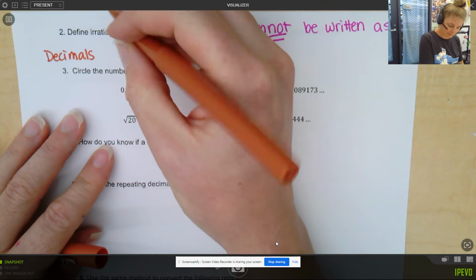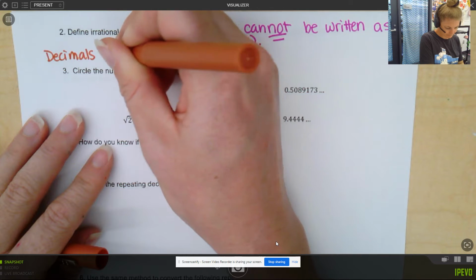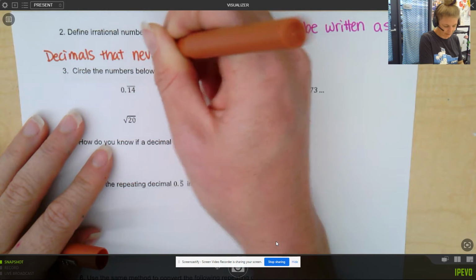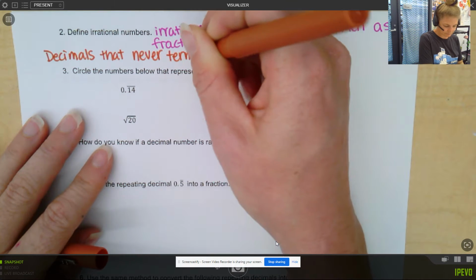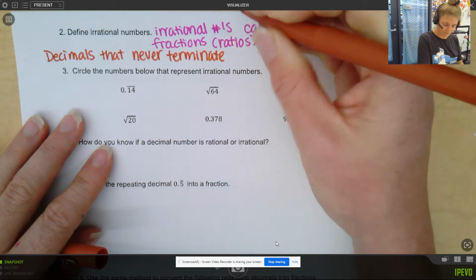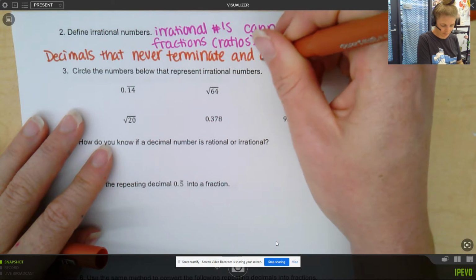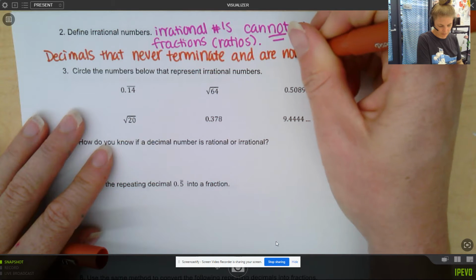Interesting. Decimals that never terminate, meaning they never end, and are non-repeating.